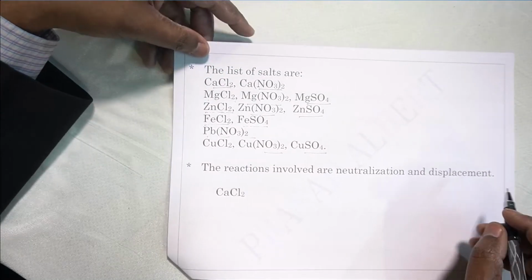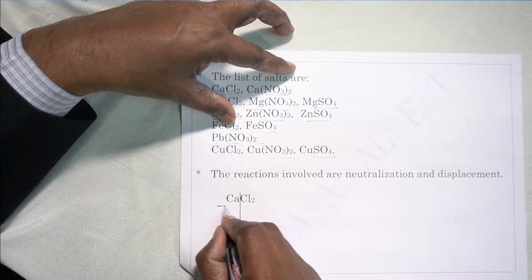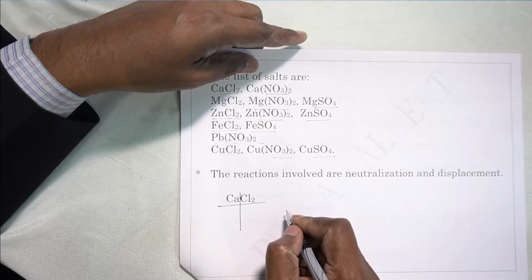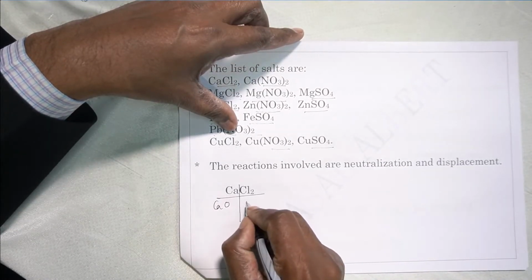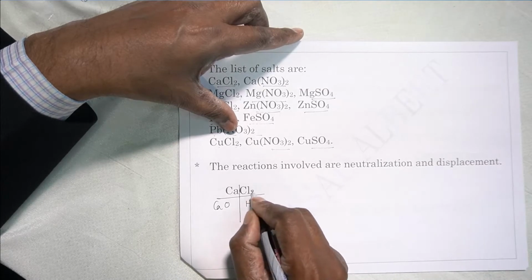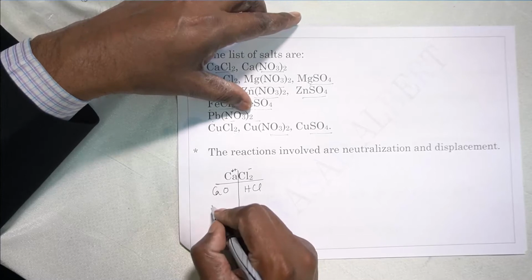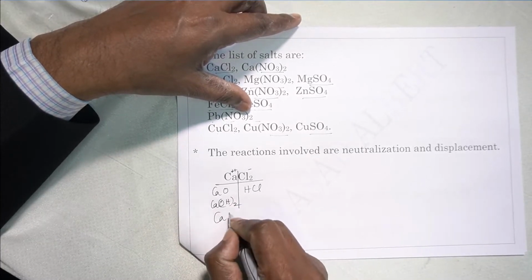So let's start with the first salt, calcium chloride. As we have seen, for calcium the metal plus acid method is not available. We have metal oxide plus acid, with hydrochloric acid for the chloride ion. Calcium ions we will get from calcium oxide, calcium hydroxide or calcium carbonate.